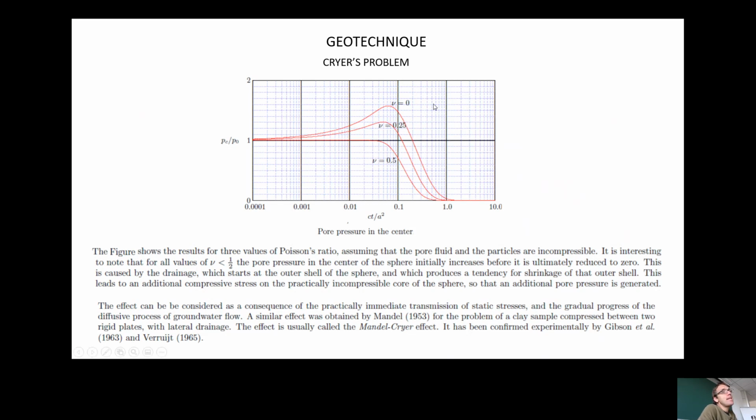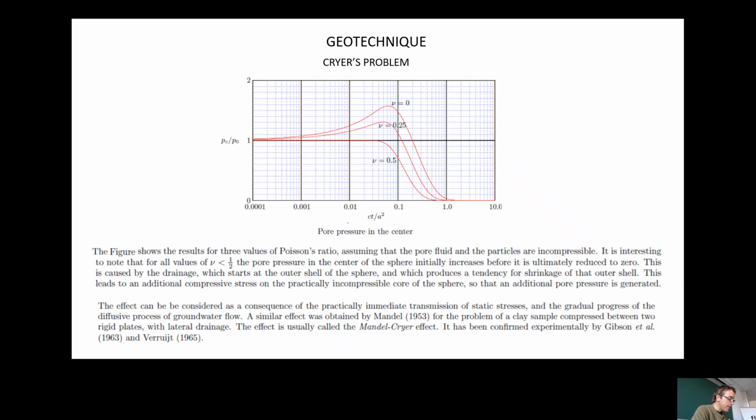This increase depends definitely on the Poisson ratio, and is generated from the drainage. This is what is important to consider, of course.